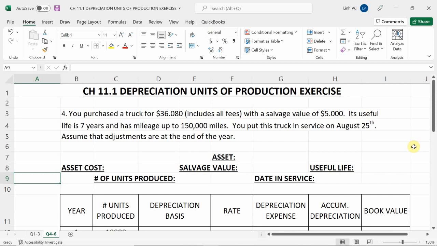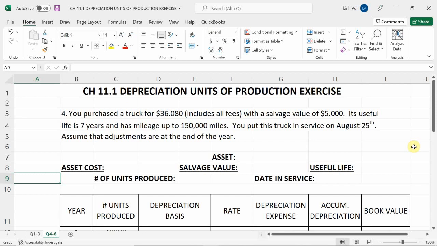Its useful life is 7 years, and its mileage is up to 150,000 miles, and you put this truck into service on August 25th. Assume that the adjustment entry is going to be at the end of the year.